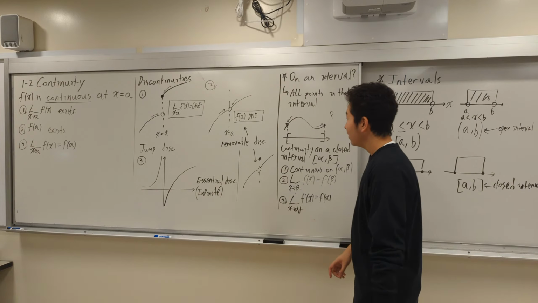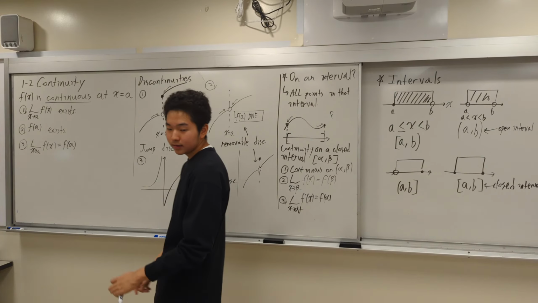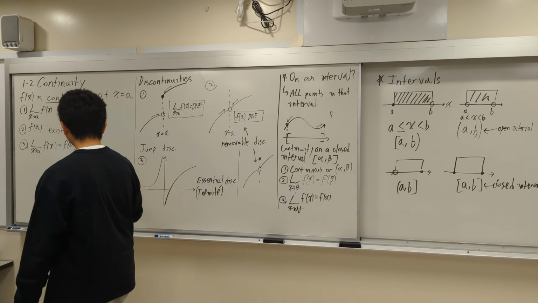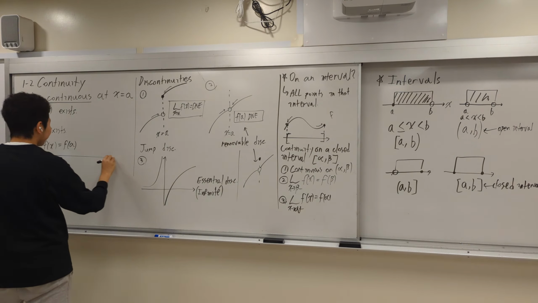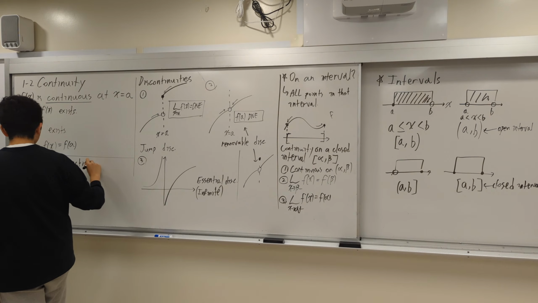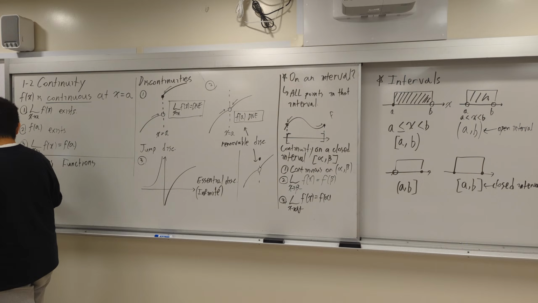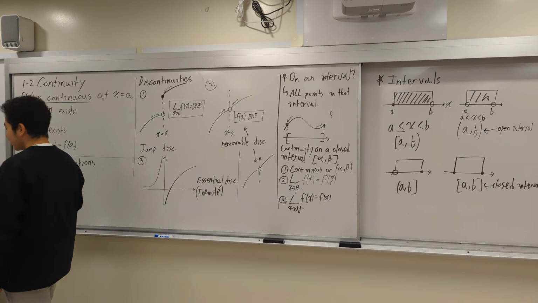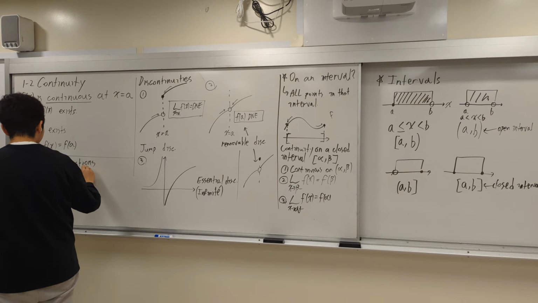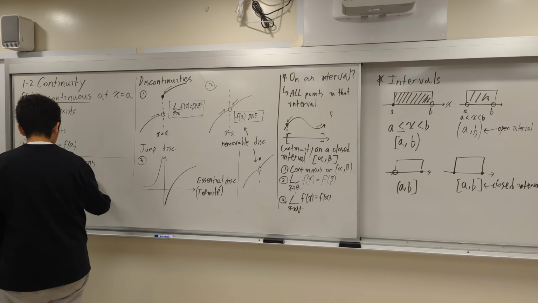Okay, so I'm going to give you a list of continuous functions, so you don't have to actually go through all of it. So, list of continuous functions. Number one, all polynomial functions are continuous on the set of all real numbers. Number two, rational functions are continuous, except for when the denominator equals 0.